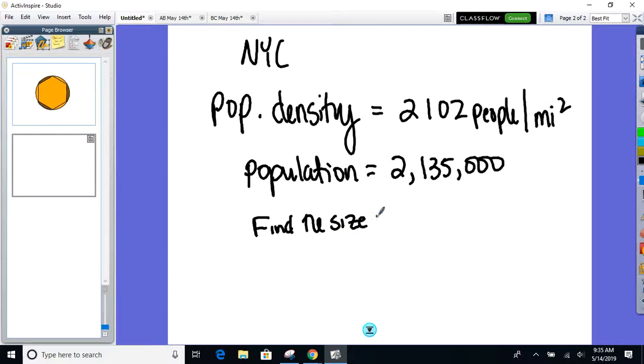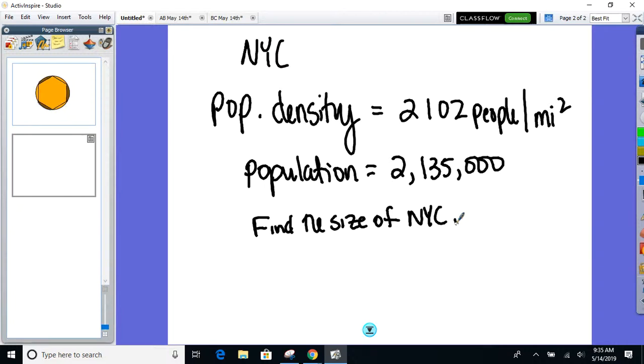So find the size of New York City. So what am I doing here? I gave you the density. I gave you the population. Find the size of the city.